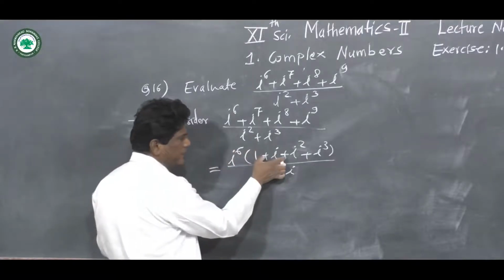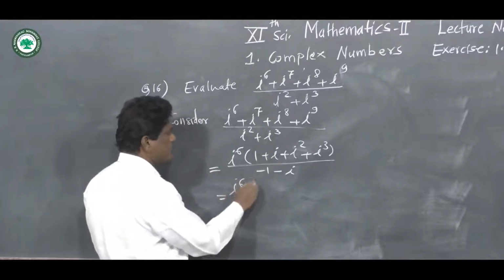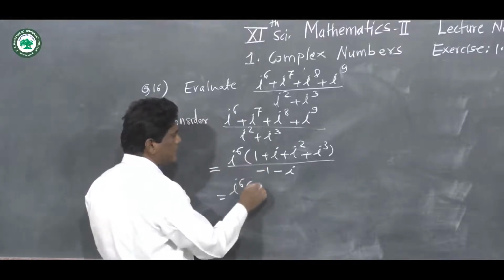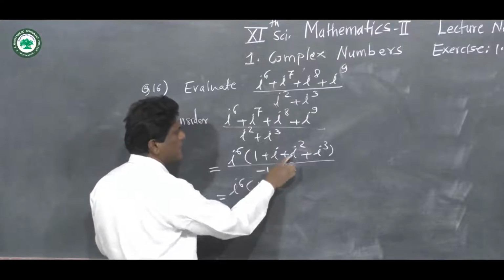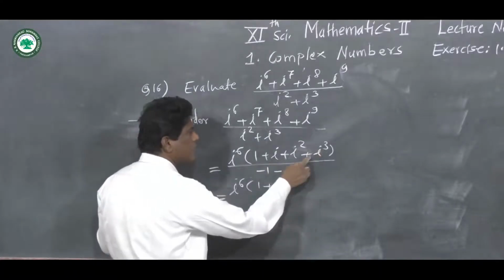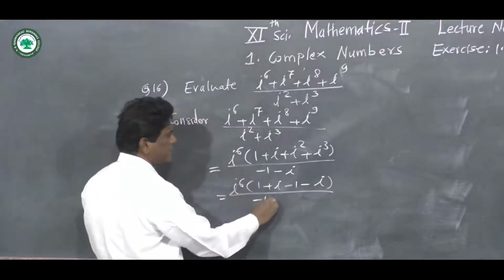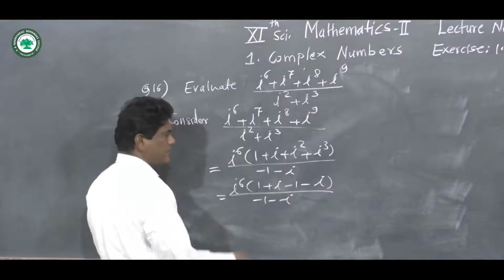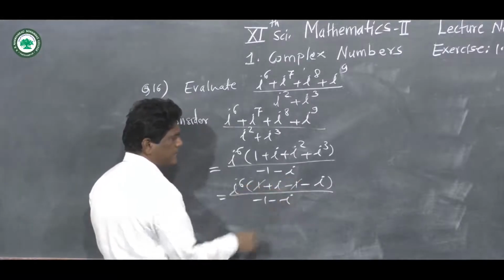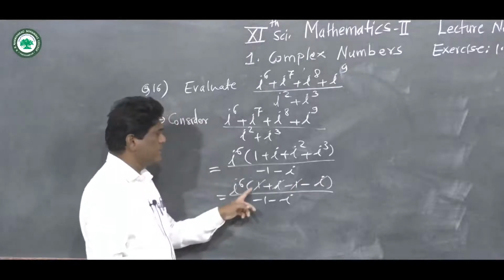Now firstly we find the value of this. So we get here i to the power 6 as it is in the bracket, 1 as it is, plus i as it is, i square is minus 1 and i cube is minus i, so minus i, and divided by this minus 1 minus i. Now see here in this bracket plus 1 and minus 1 get cancelled, plus i and minus i get cancelled, everything gets cancelled, so it is 0.